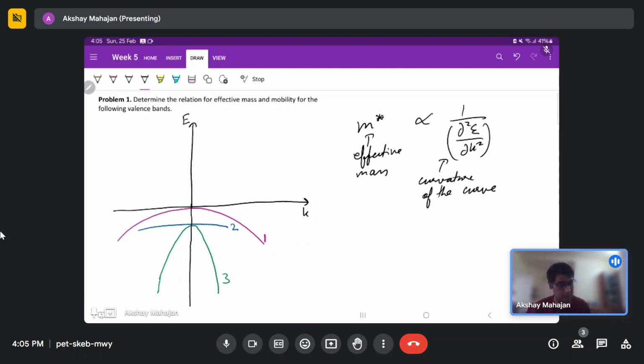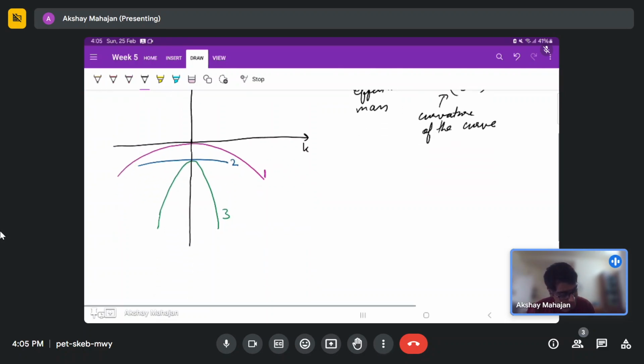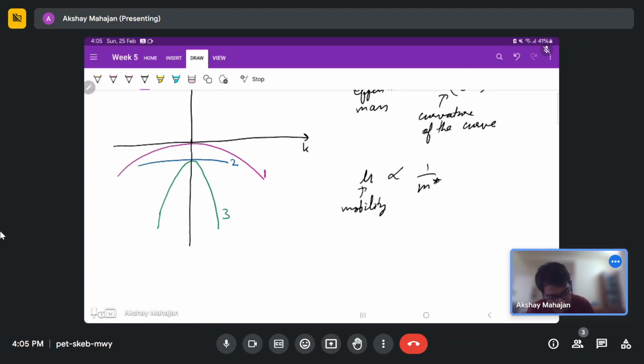Whatever the curvature of our dispersion curve is, it is given by the double derivative of our energy dispersion. So our effective mass is inversely proportional to this, and our mobility is inversely proportional to this effective mass. These 2 things we need to remember for this kind of problem.